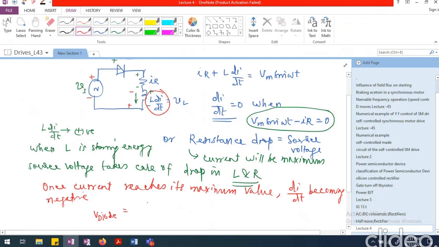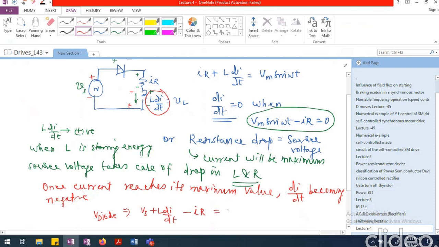That is going to be, if I try to look at it, this Vs and L di by dt, both of them put together and minus whatever is the drop that is taking place across the resistance.